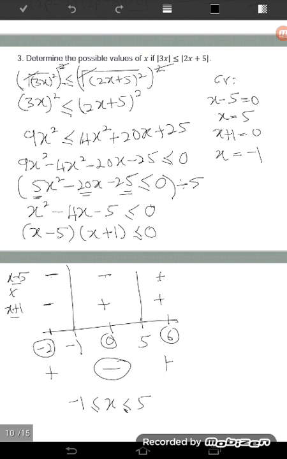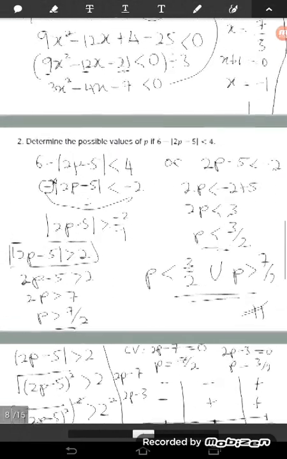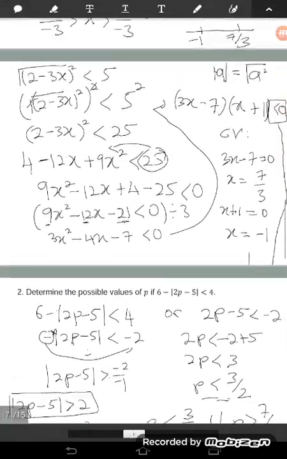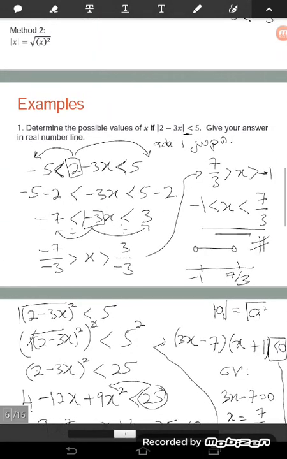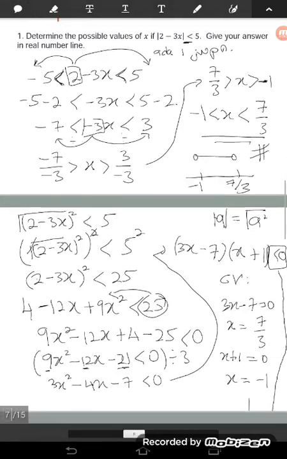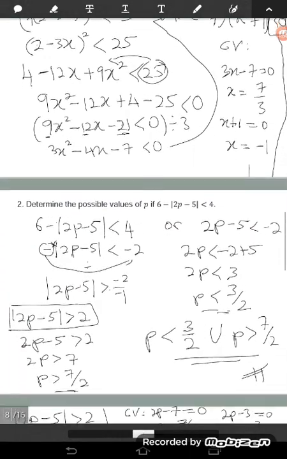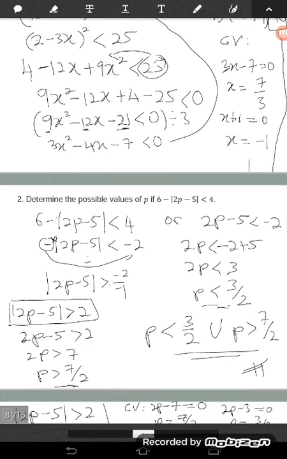Okay, so kalau yang contoh yang pertama tadi, yang tak payah draw interval table tadi, yang ni contoh tengok absolute value, tapi dia tak jadi quadratic. So tak jadi quadratic, kita buat terus ya, tak payahlah nak buat interval table tu. Okay, biasa method 2 lah, method 2 ni yang akan jadi quadratic, tu yang perlu ada interval table.